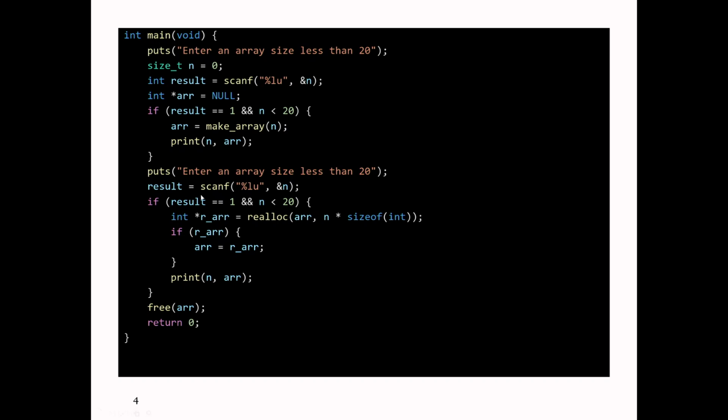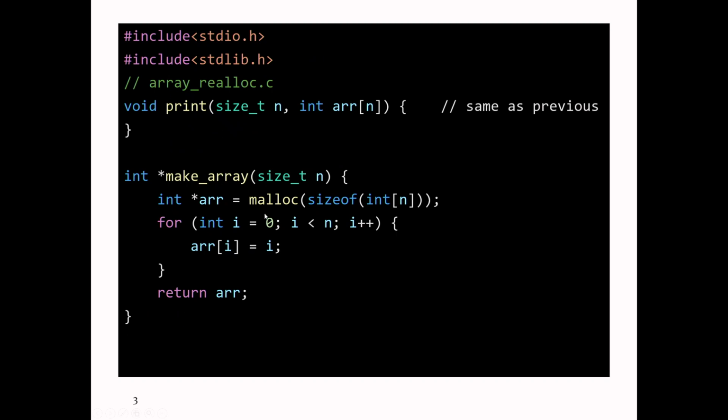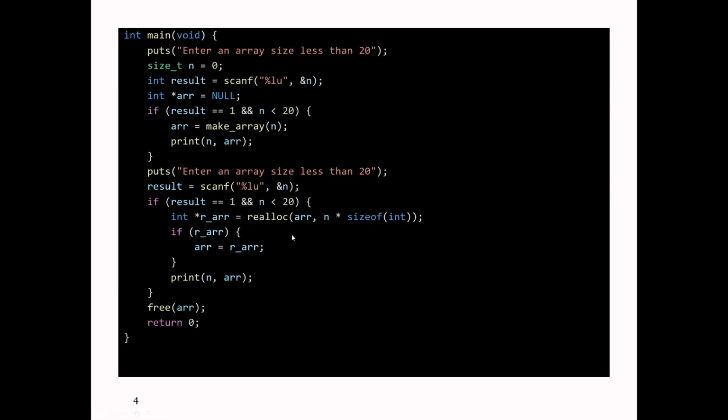In this one, we have used it. Here we made our array using make array, and make array uses malloc. Yeah, okay. So you can only reallocate a previously allocated block of memory.